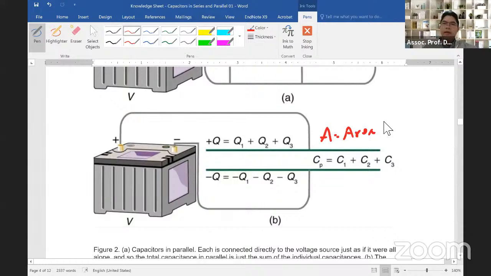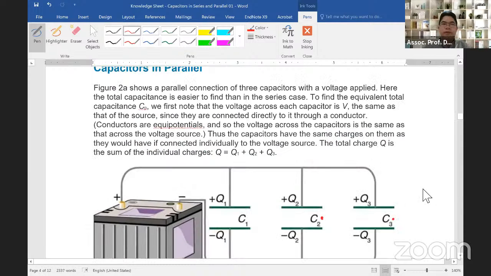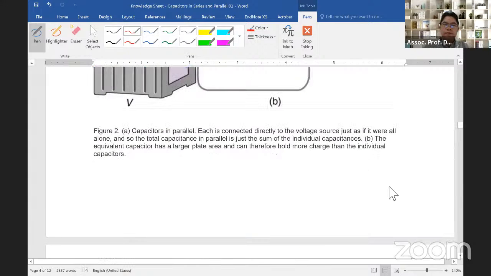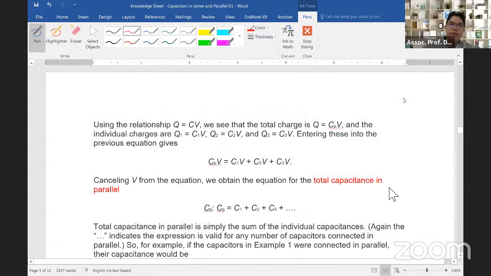When the area increases, the capacitance increases, as we have learned already. So from this figure, the total capacitance will be like this.